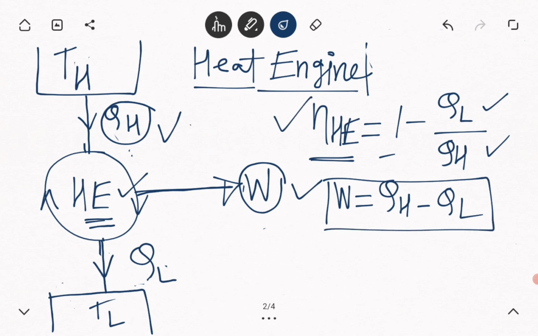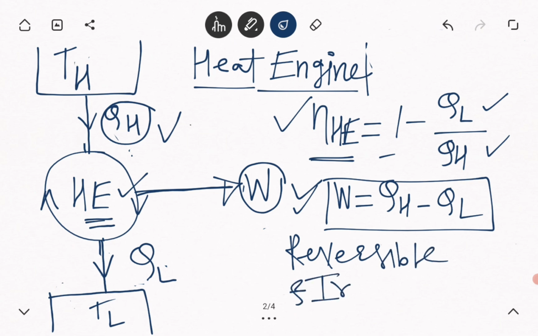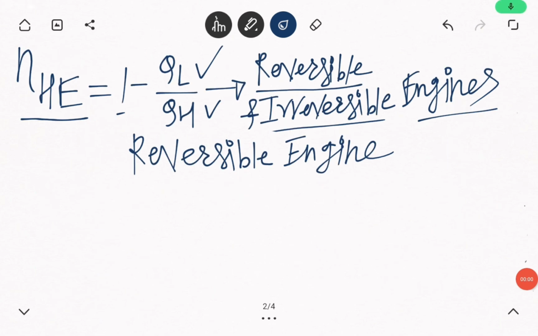These both equations are valid for reversible engine and irreversible engine as well. This efficiency of heat engine equation equal to 1 minus QL by QH is applicable for both reversible and irreversible engines.